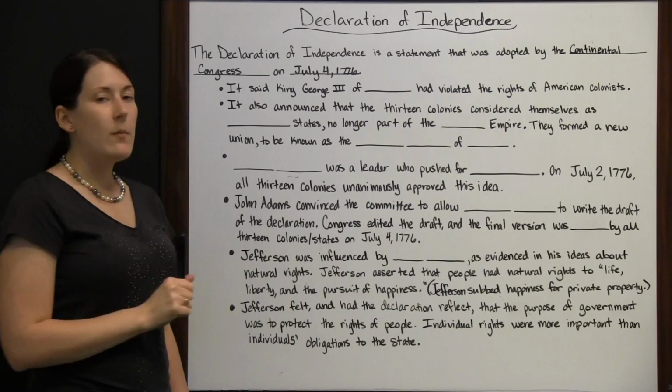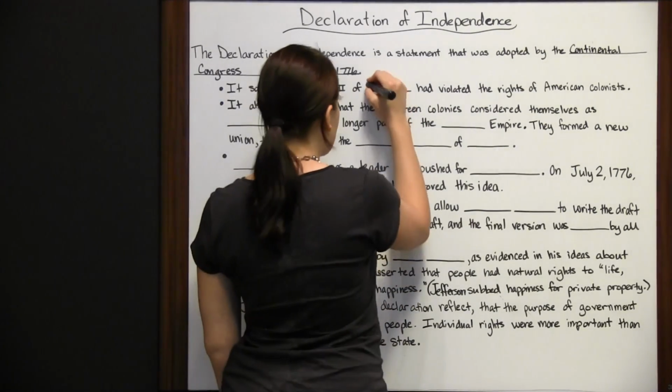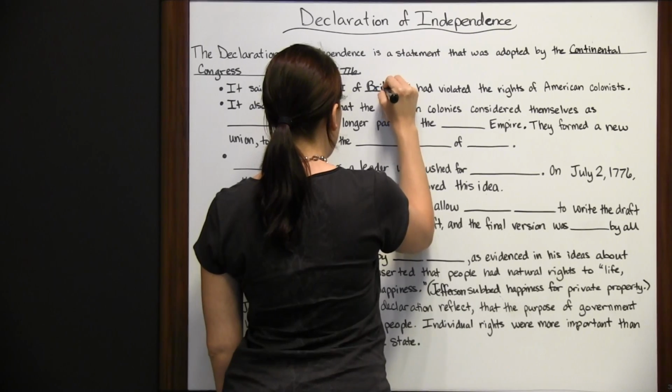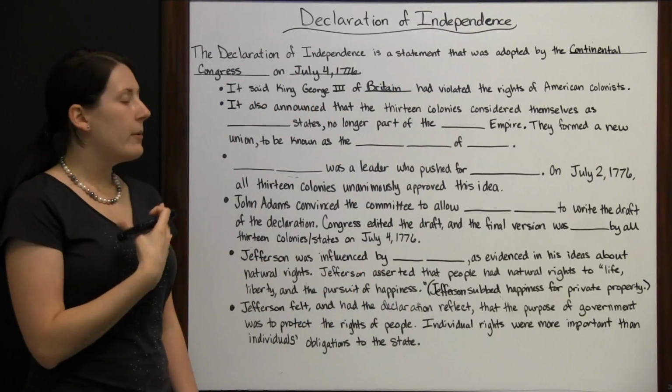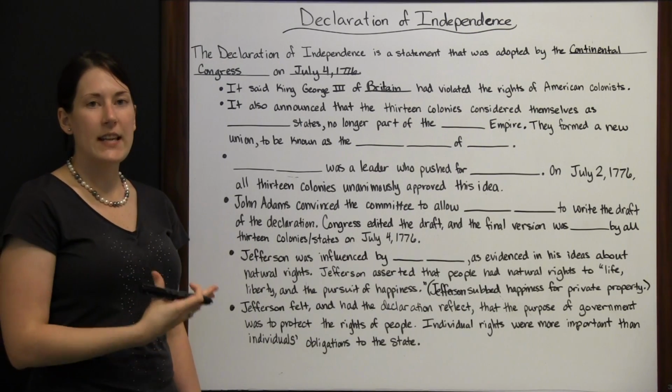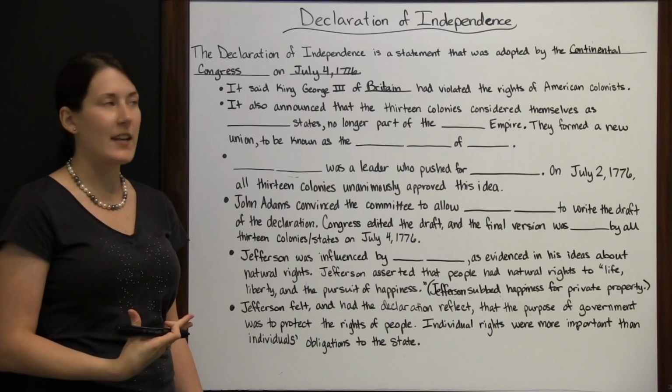Now, the Declaration of Independence said that King George III of Britain had violated the rights of American colonists. He had put into effect different laws and taxes on the American colonists that seemed unfair to them and took away some of their rights.